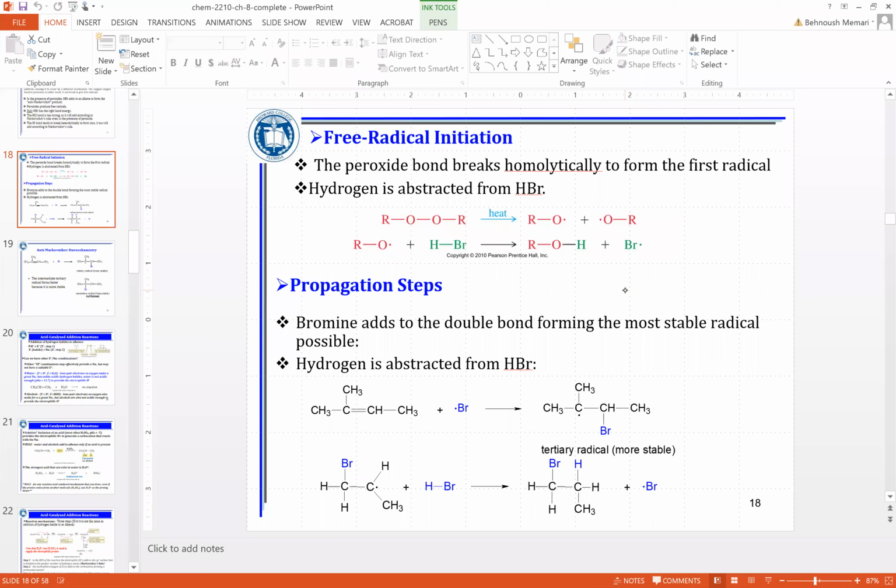It's the same idea, and the only difference is that in anti-Markovnikov you have formation of a free radical. In Markovnikov you have formation of a carbocation.